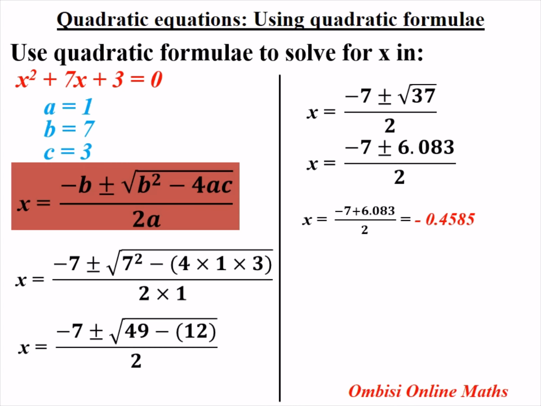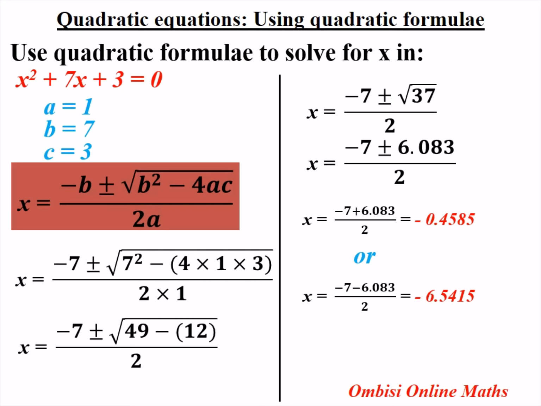We go ahead and do it when the square root is negative, and that gives us negative 7 minus 6.083 over 2, which gives us negative 6.5415. So those are the two values of x, the two roots of this equation using the quadratic formula.